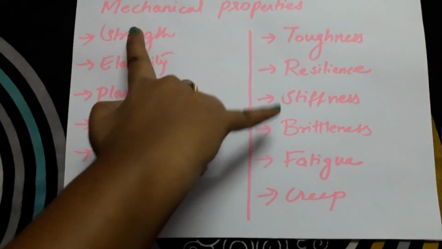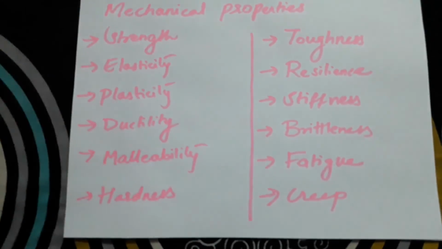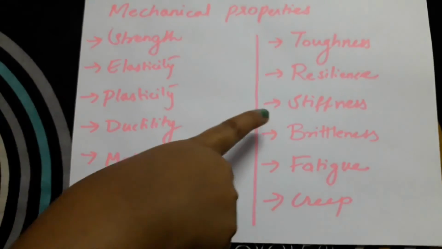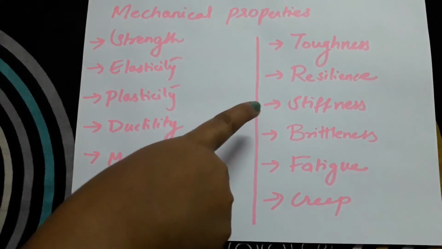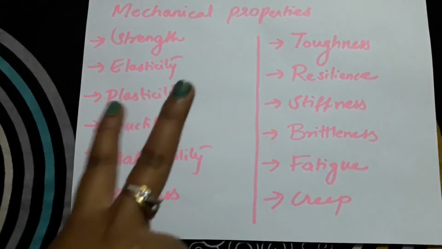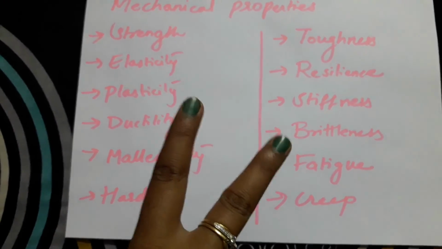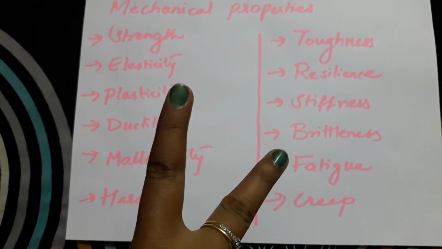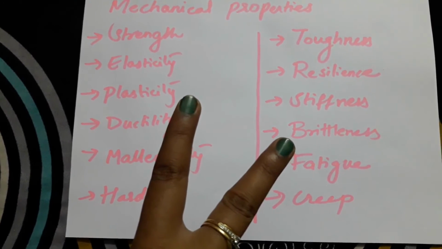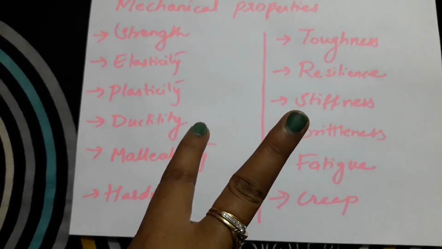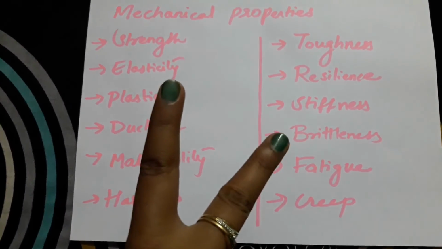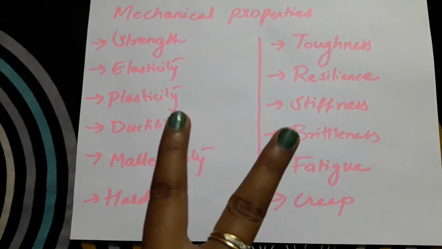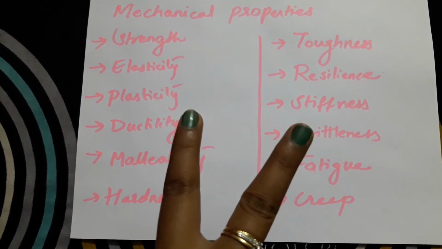If you see strength and stiffness, designers will sometimes select a material which has most stiffness, though they have same strength. Let me tell you, I have two materials, material A and material B. Both of them have more or less same strength, but if I apply same load on both the materials, both bear the load.